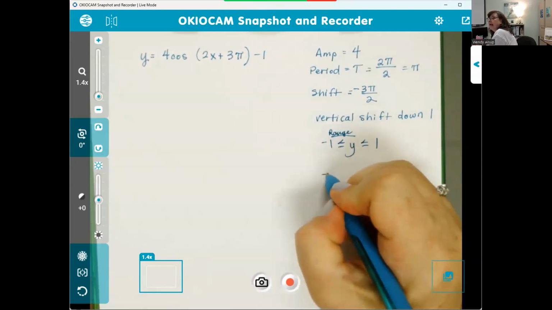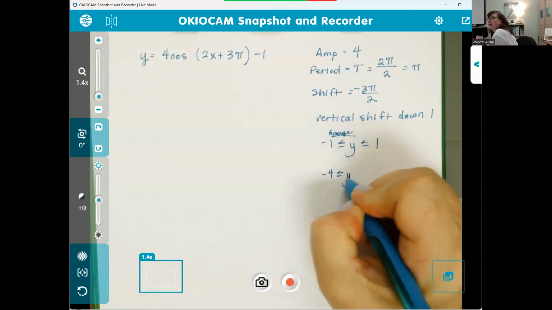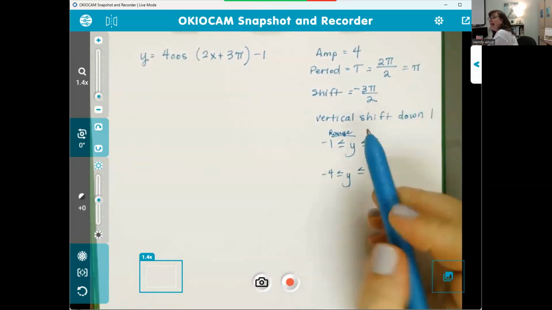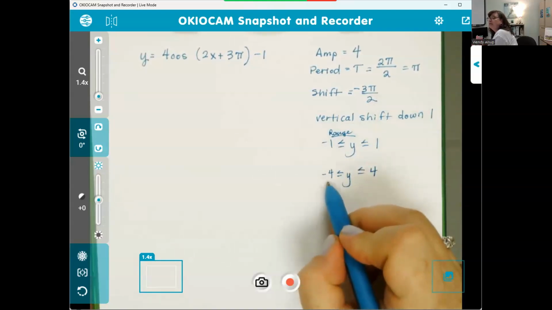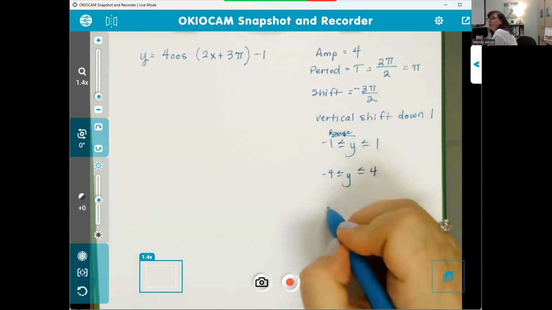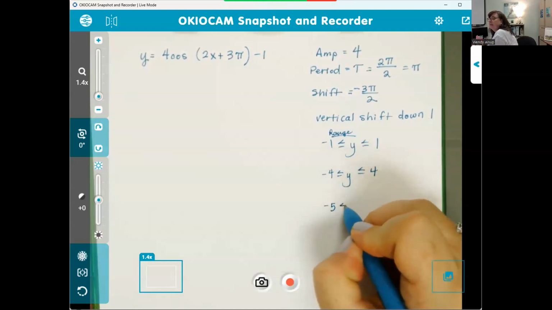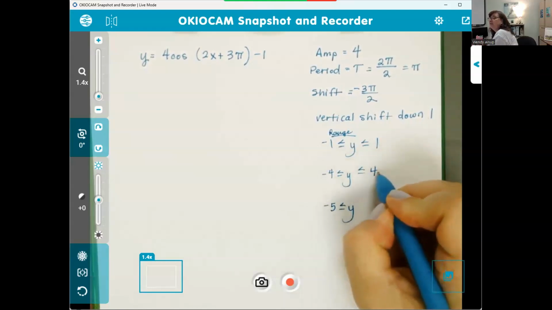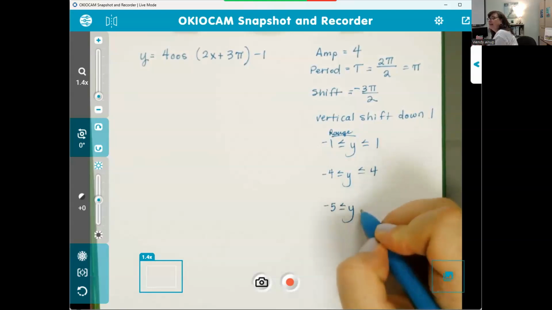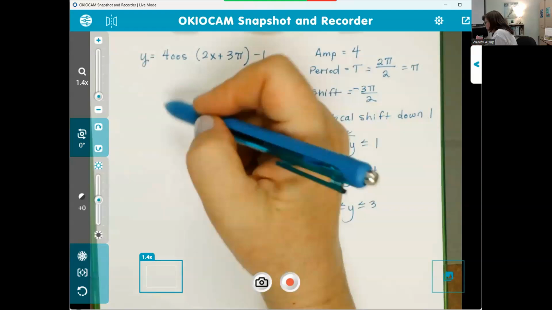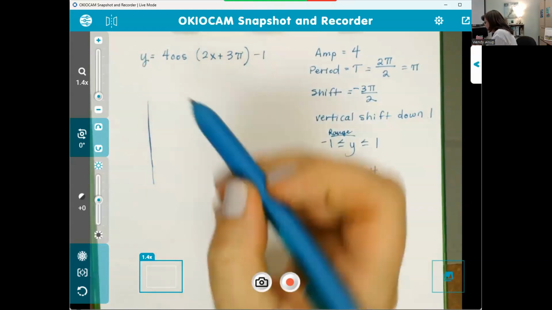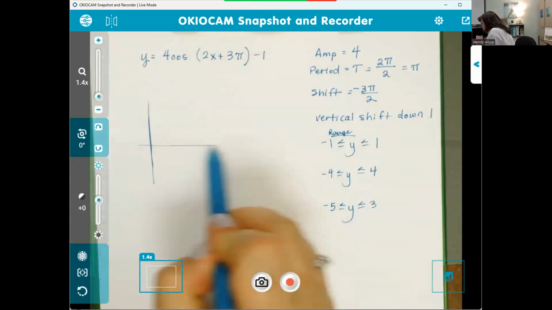So we're going to go from -4 all the way up to +4, except that we're going to shift the whole thing down 1. So I would have started at -4, but you shift that down 1, you're at -5. And then I should have ended at +4, but if you shift that down 1, I'm going to end at +3.